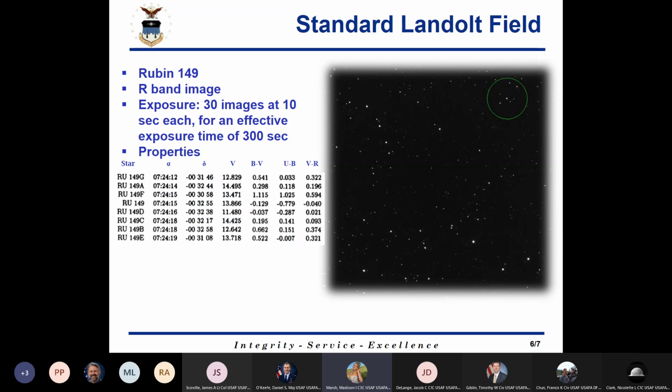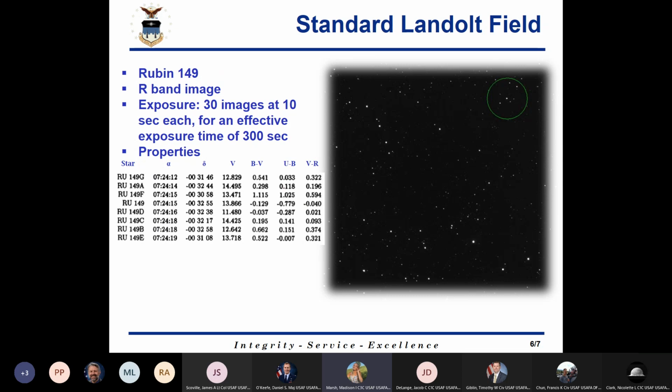Going into the standard Landolt field, I did Rubin 149, and we took the images using the R filter. We chose these because it was a standard star analysis done by Landolt in a really famous 1992 paper that he released. There were 30 images taken at 10 seconds each, for an effective exposure time of about 300 seconds.